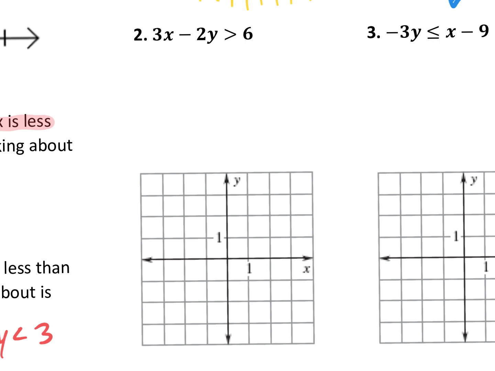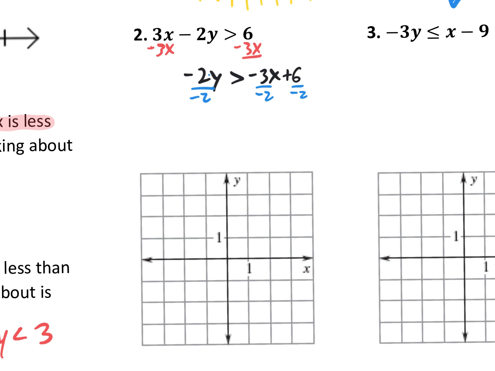Let's do that. Subtract 3x, subtract 3x. Rewrite this thing, -2y is greater than -3x plus 6. You don't want the multiplication of -2 in front of the y, so you're going to divide by -2, divide by -2, divide by -2. Now, hopefully there's a little alarm going off in your head right now, because we're dealing with an inequality and we're dividing by a negative on our last step.